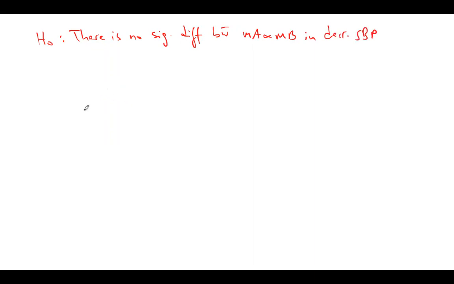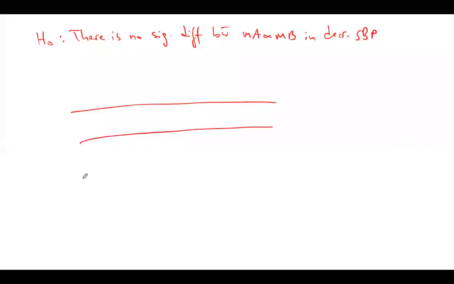And after collecting the data and making the statistical analysis, t-test, ANOVA, Kruskal-Wallis, whatever I do, I come to a conclusion. I decide on something. I either accept the H null or I reject it.